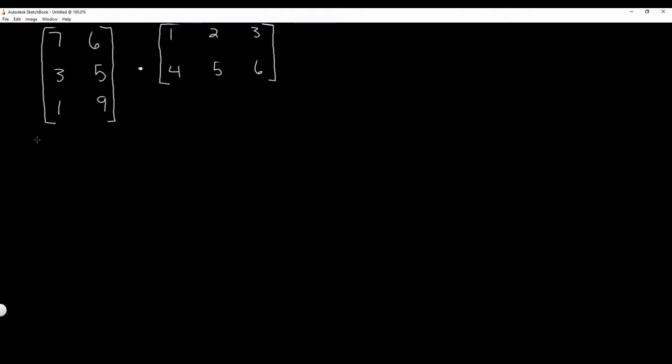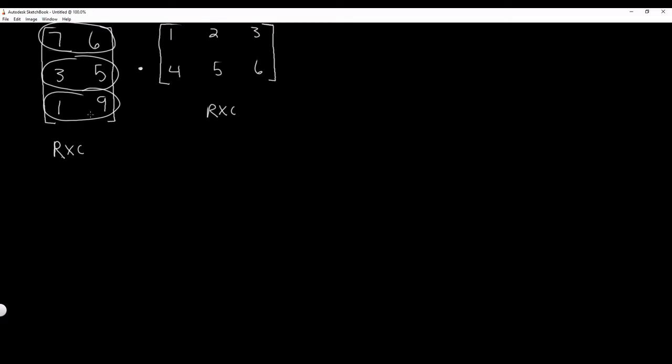In this video, I want to show you guys how to multiply matrices, and the first thing you want to do is calculate the size of each one of these matrices. The size of any given matrix is rows by columns. So we're going to write that down here, rows by columns. The number of rows in this one is 1, 2, 3.